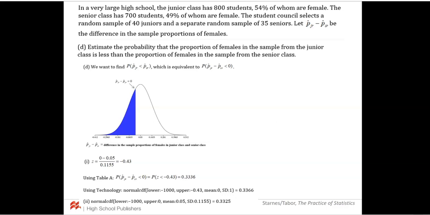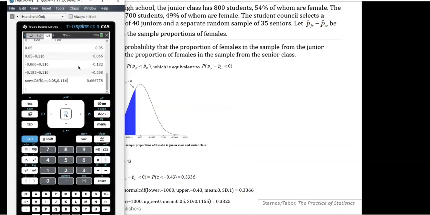Oh, wait. We want it to be negative. I said it, and then I did it the wrong way. Sorry about that. It'd be 1 minus that. We want it to be negative, so you would norm CDF that guy. For the lower bound, it would be negative infinity, and the upper bound would be 0.